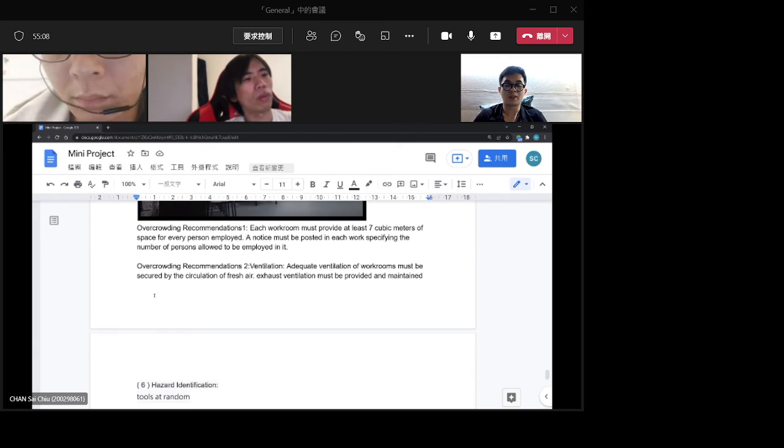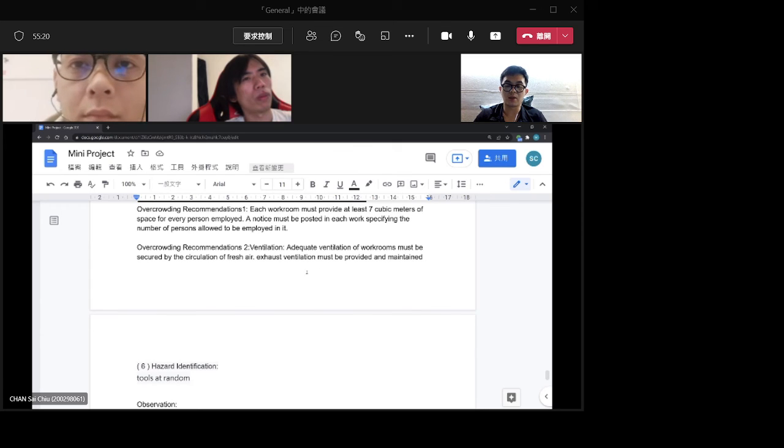Overcrowding. Recommendation 2. Ventilation must be adequate. Ventilation of workrooms must be secured by the circulation of fresh air. Exhaust ventilation must be provided and maintained.